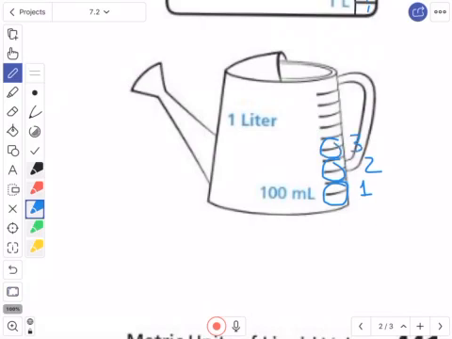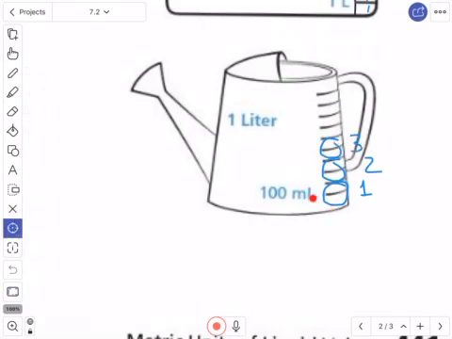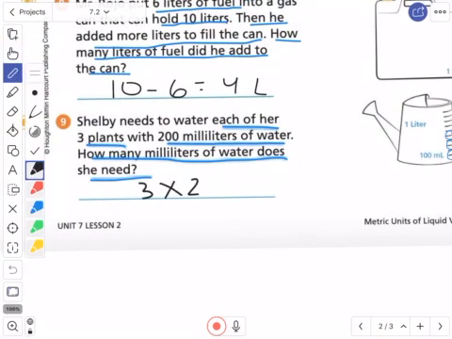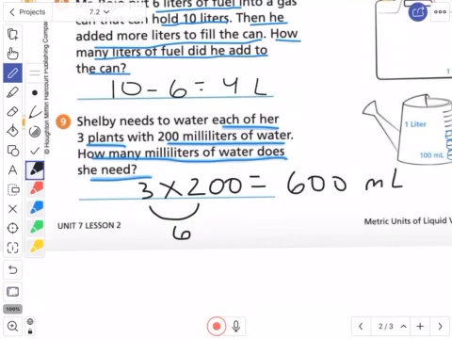Okay, because I was just doing loopings. And each of these is 100, so that's 200, 400, 600. And yeah, that would work because I would do 3 plants, 200 each, and 3 times 2 is 6. Then just add 2 zeros, so 600 milliliters.